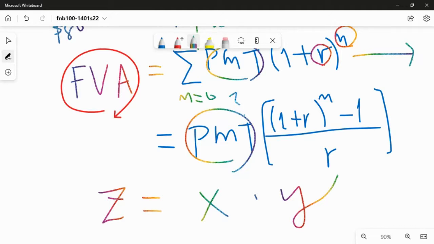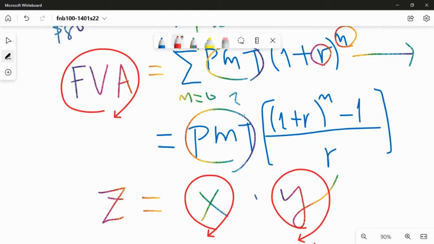If x is the unknown, we know what to do: z divided by y. If y is the unknown, z divided by x. Isn't that right? And as you look at this formula, it's already in that structure.